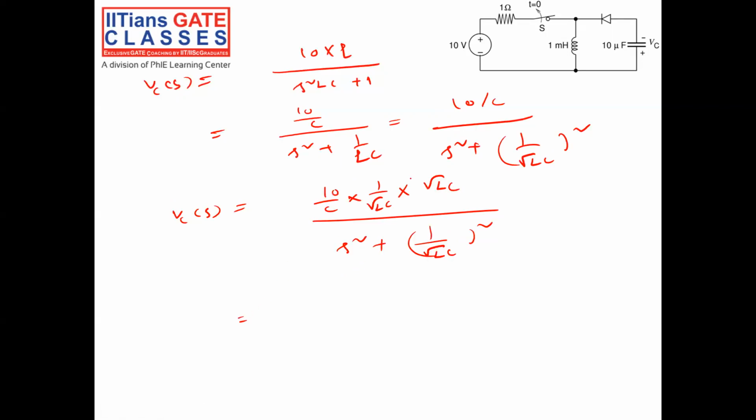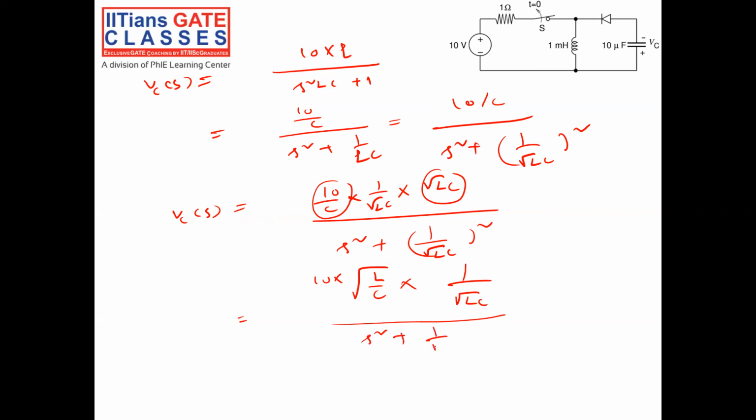Now you see 10 by C and root over LC. If I multiply, what I will get is 10 into root over of L by C, because C will go to this side and cancel, into 1 by root LC, by S square plus 1 by root LC whole square.